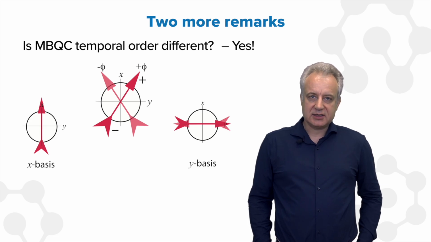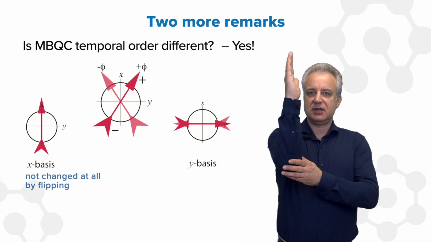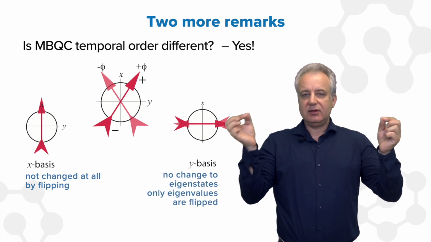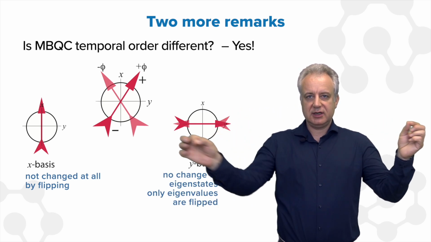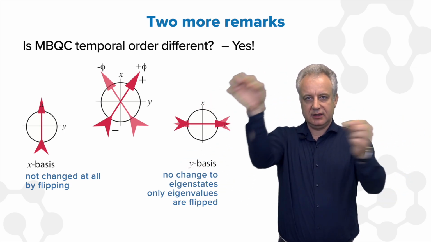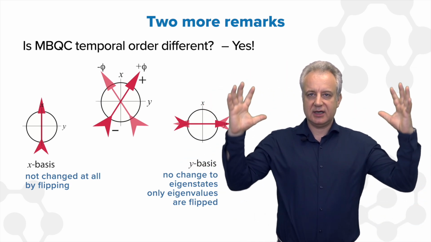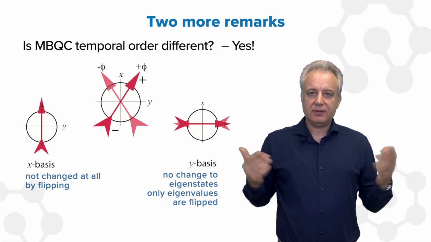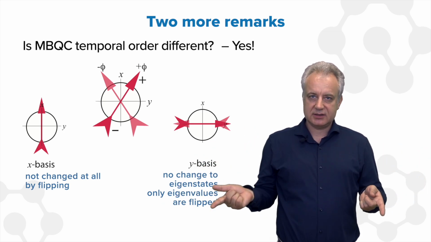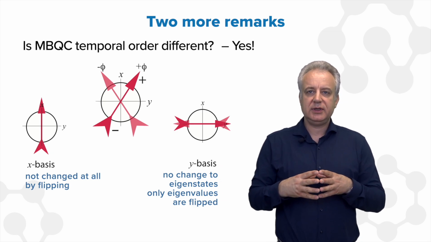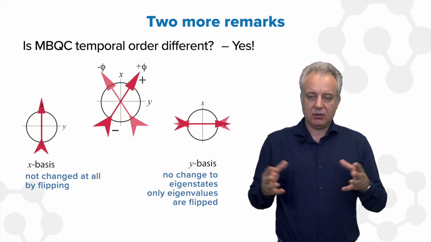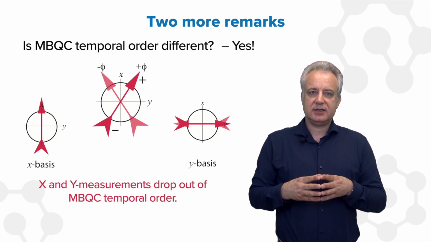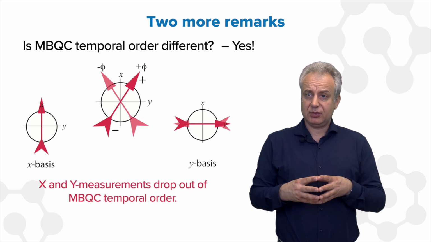This is the X basis, where clearly nothing changes at all. And the other is the Y basis, where there is a little bit of change, namely the eigenstates are interchanged, but the basis as a whole remains the same. So in these special cases, X basis and Y basis, nothing needs to be adjusted according to prior measurements, and so these measurement bases drop out of temporal order.